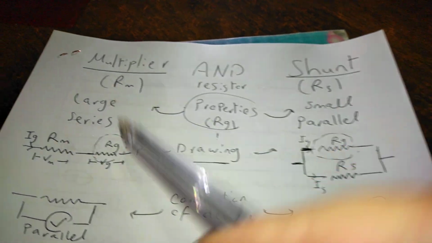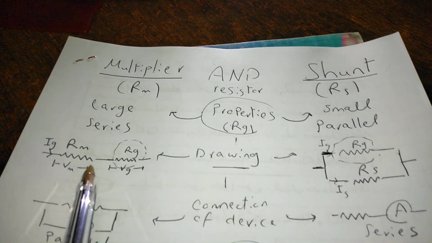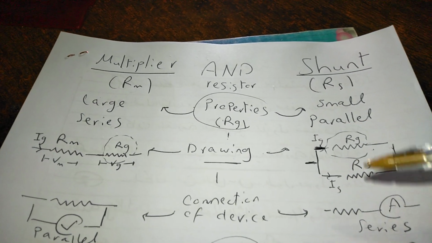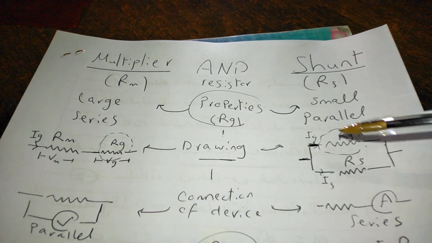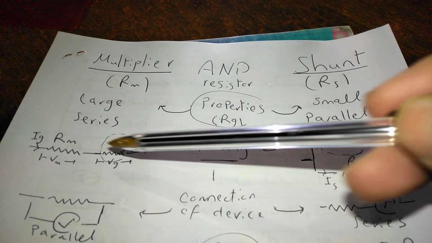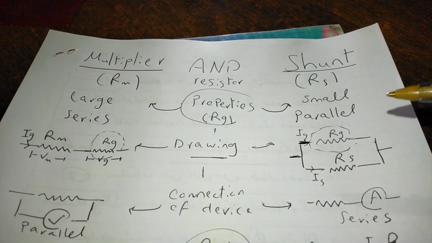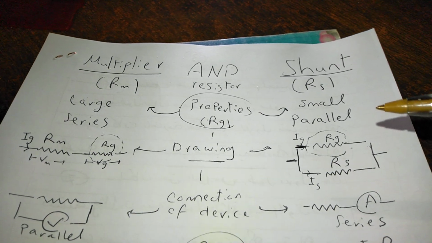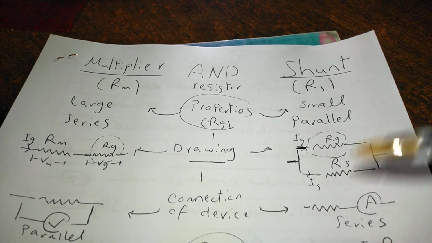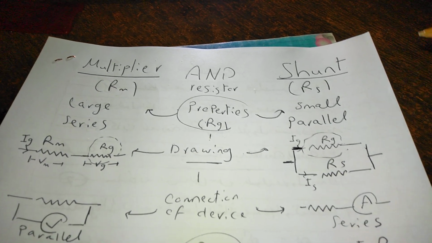On the other hand, the multiplier is a voltage divider, and we have to know that we measure the summation of current here and the voltage there, and that's why we say that the modification increases the range of measurement as it measures the summation.